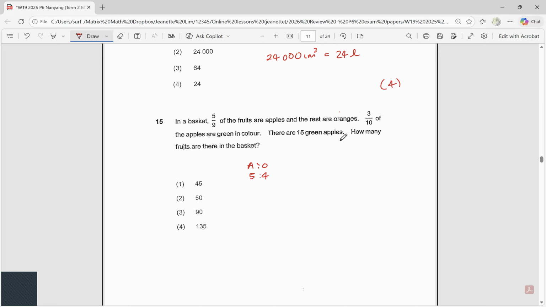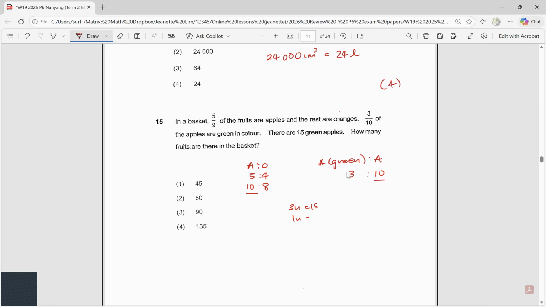3/10 of the apples are green in color. So apples that are green to the total apples would be 3 to 10. So from here we have a common base, the total number of apples. This is a 5, this is a 10, we have changed to 10. Now, if they said that there are 15 green apples, it means this 3 units is 15.